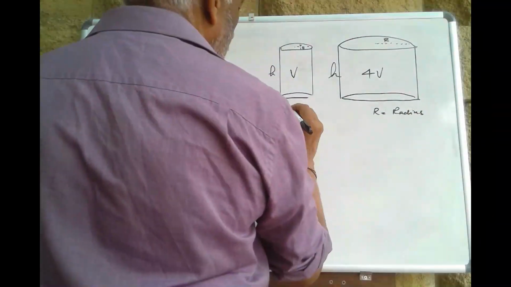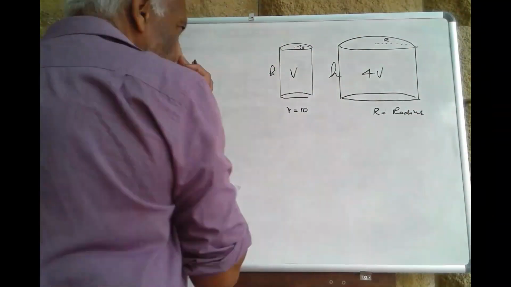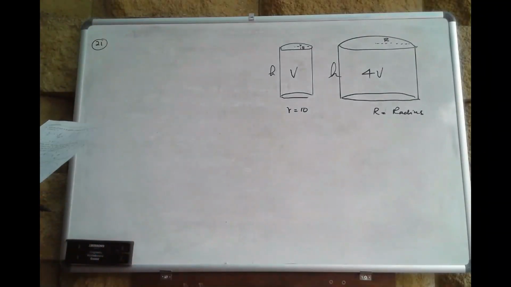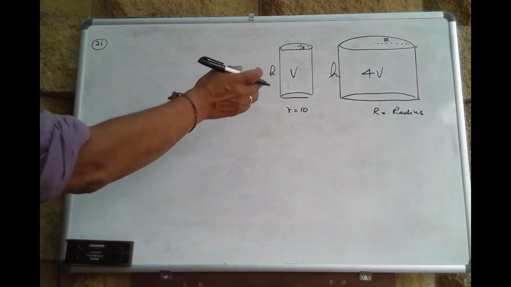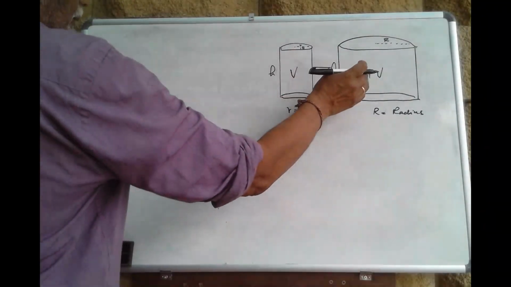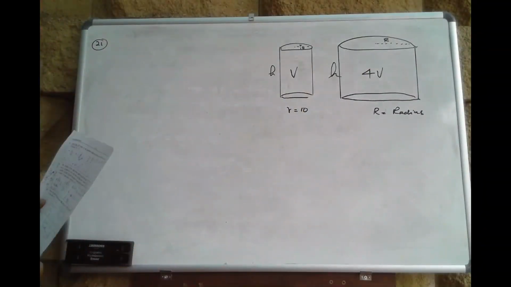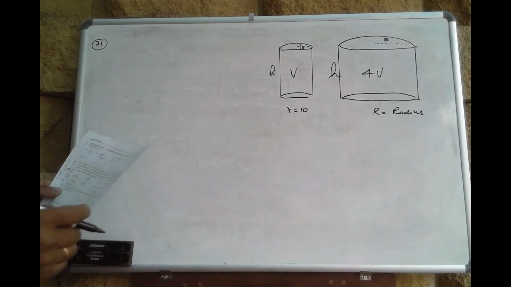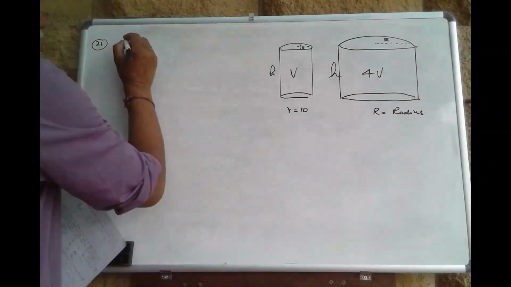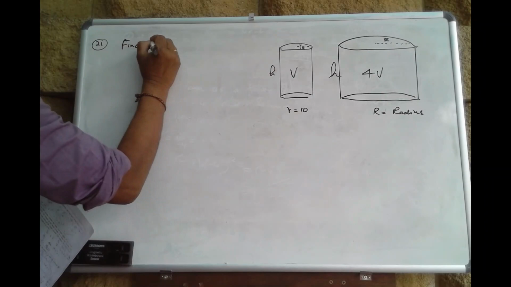This small r, that's going to be 10. So as I said, this one is volume V, and that's going to be 4V. So find the base radius of the largest cylinder. So the question is R. Find R, capital R, okay? That's the question.